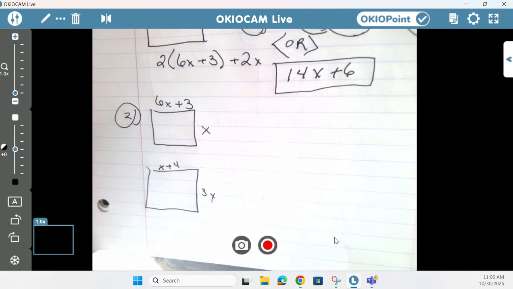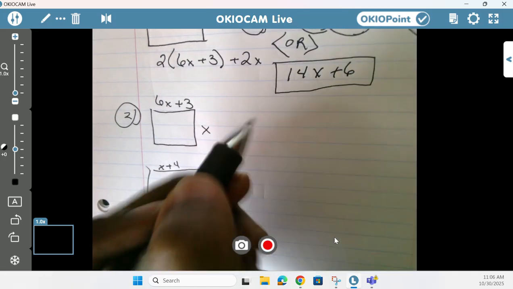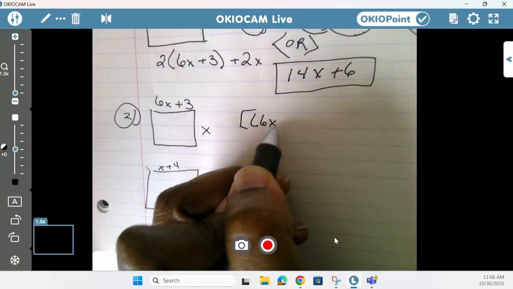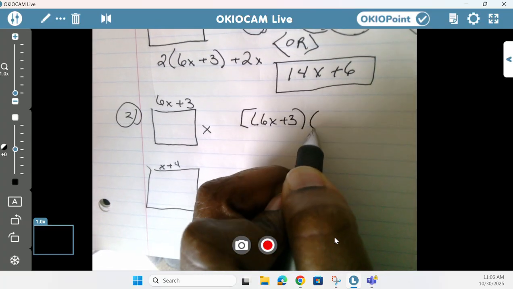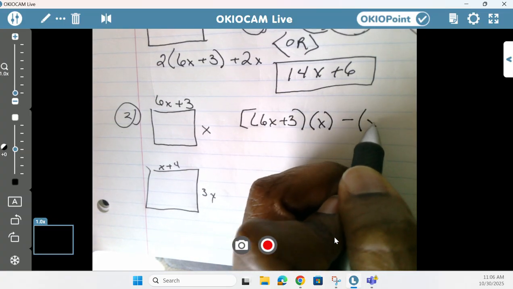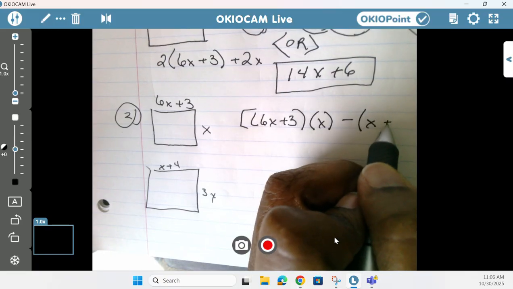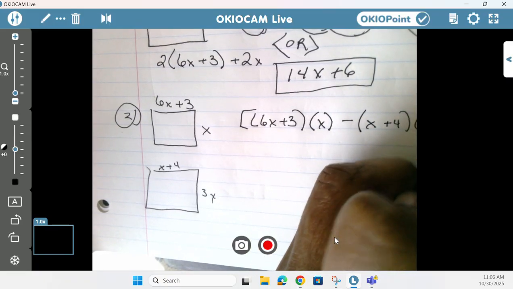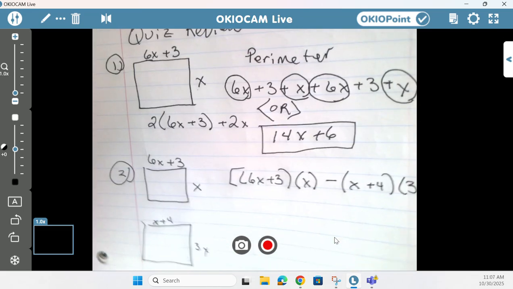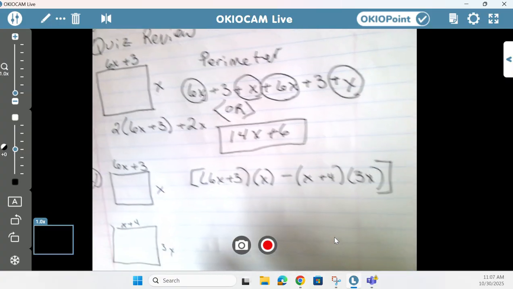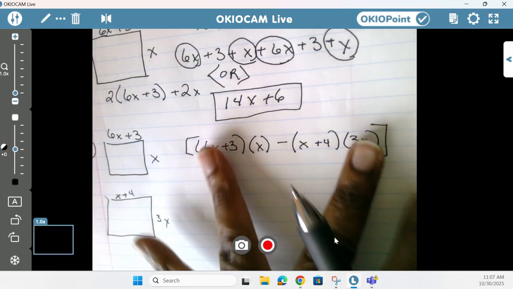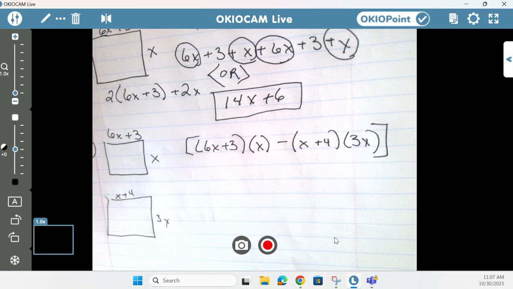Alright, so the expression that shows that these are equal is bracket, parentheses, 6x plus 3, close parentheses, parentheses, x, close, minus, x plus 4 times 3x, parentheses and bracket. That's an example of what they have on the assessment. So they found the area of this one, the area of that one, subtract them, and that's the difference in the 2 areas.